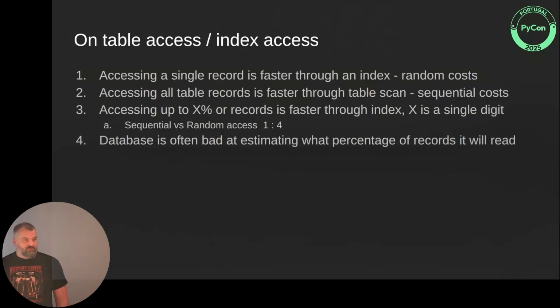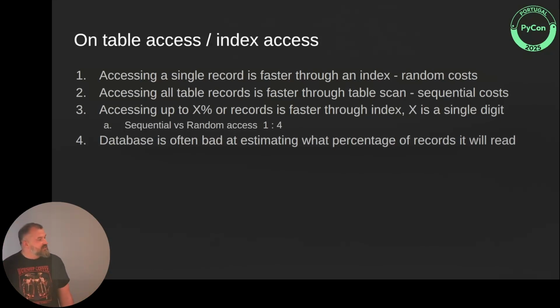Most experts will tell you that it's single-digit numbers. If you need to access, let's say, up to 3% of the table, then it's faster to do it through the index. This basically boils down to the cost values: sequential access is 1 and random access is 4. Those are the numbers that play the most significant role.